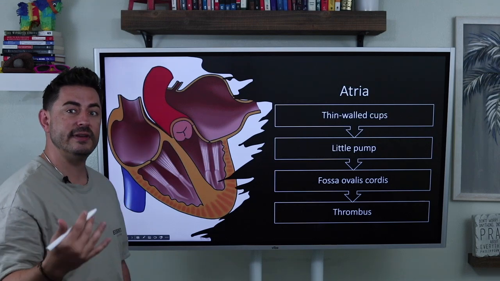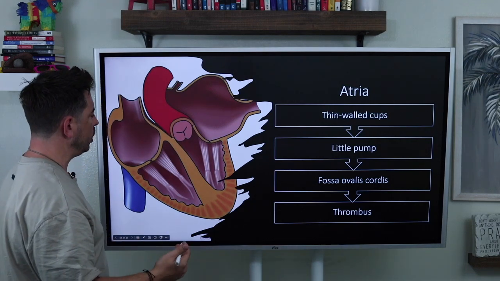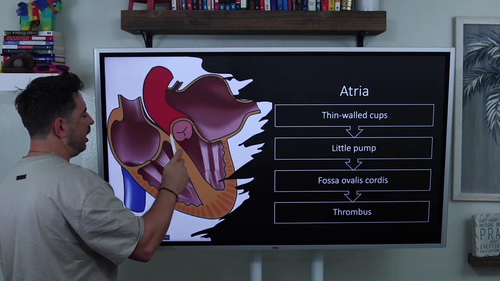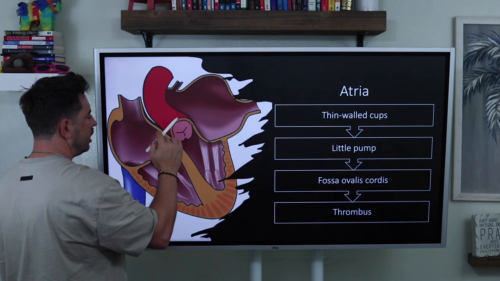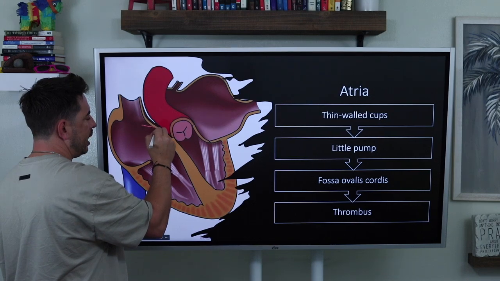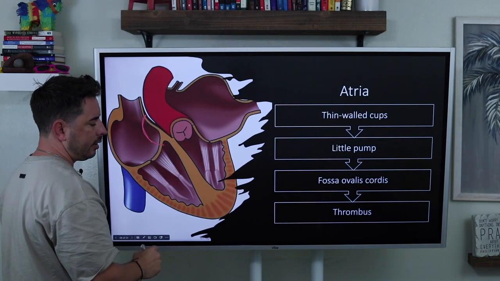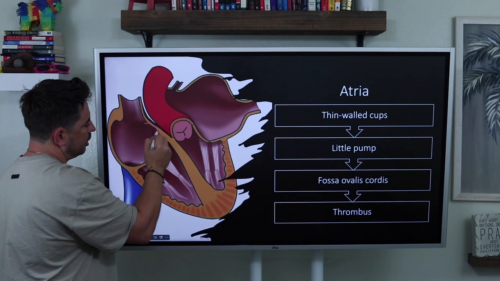We have that in fetal circulation. In adult circulation or post-uterine life, that foramen ovale actually closes. That opening that's here closes and creates this little bit of a depression right here.